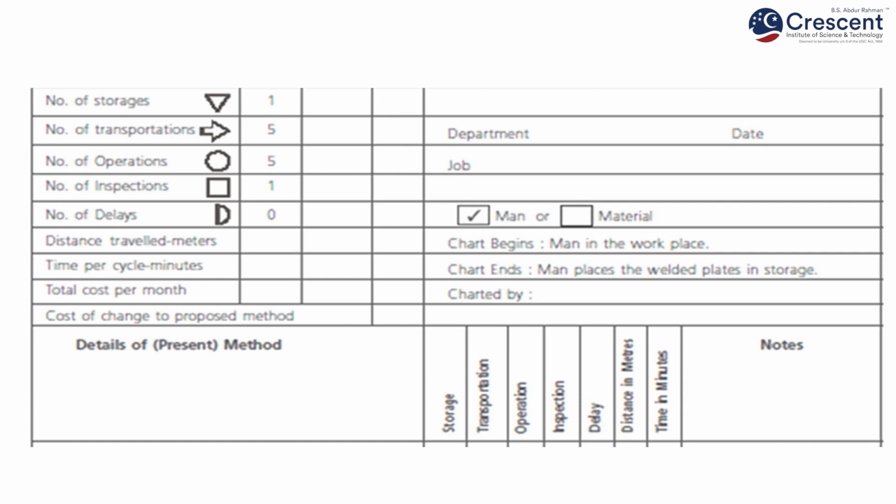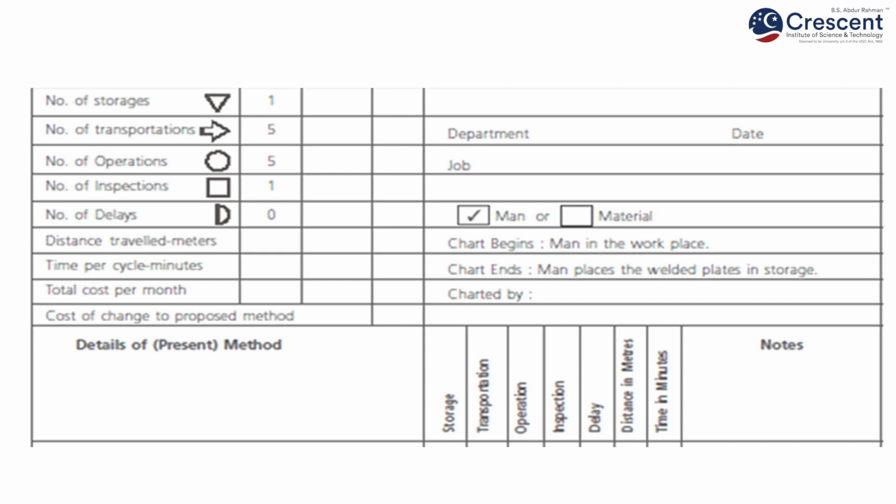The operator goes to collect the individual plate, it is an example of transportation. After that he collected the plate, which means operation is performed. After that he moved towards the almirah to get the welding rod, it is an example of transportation. In that way we will summarize all the activities of the task in a table.